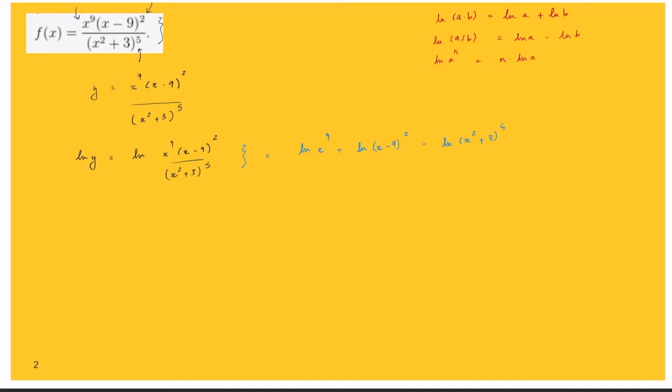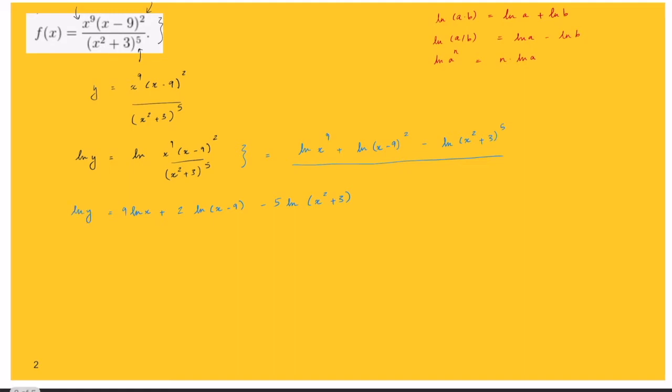Using that to further simplify, this expression simplifies to 9 ln x plus 2 times ln of (x minus 9) minus 5 times the natural logarithm of (x squared plus 3). Now this was all equal to ln y.